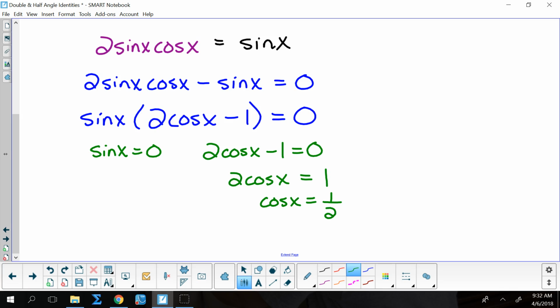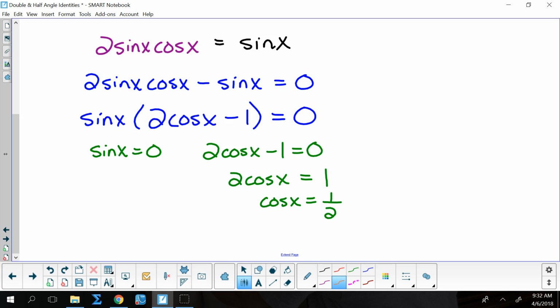Now I look back on my unit circle and I say, where on my unit circle is the sine of x equal to 0? What you got? 0 and pi.